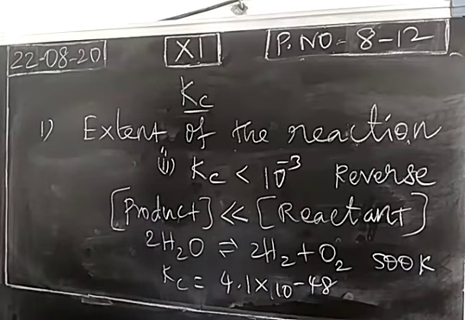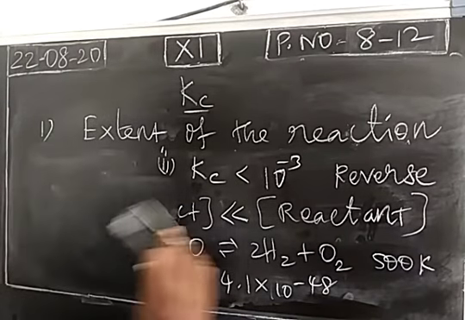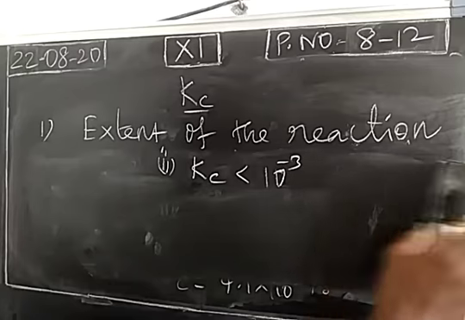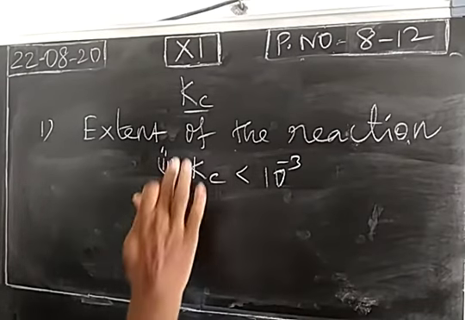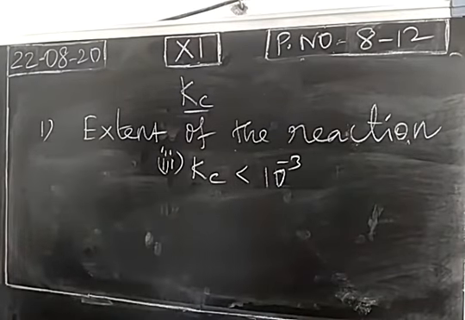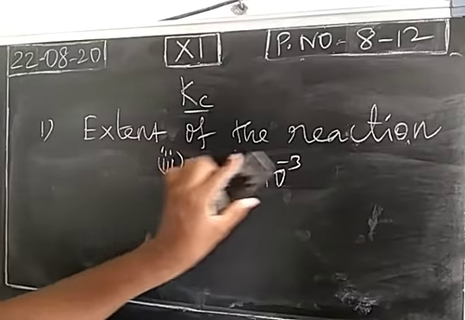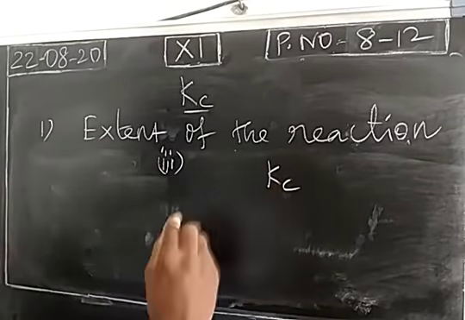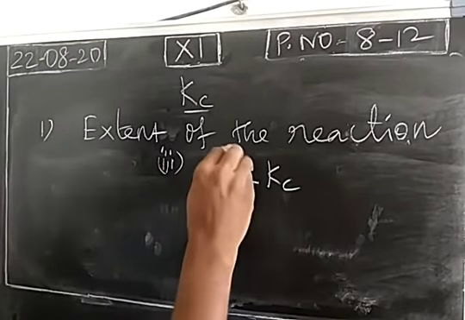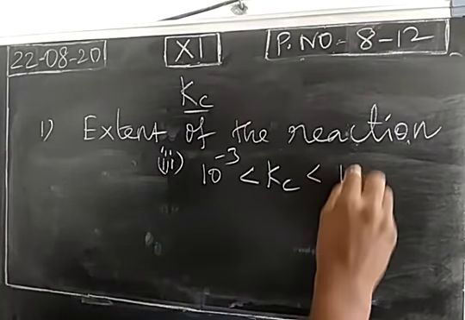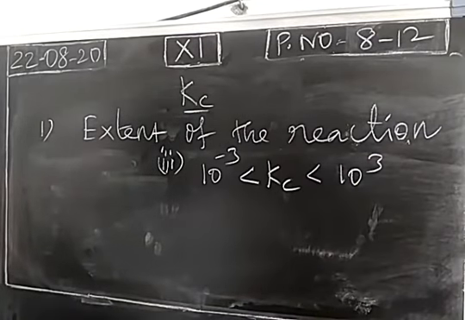One more question. Now, the third case. If the Kc value is greater than 10 power minus 3 and at the same time less than 10 power 3, so here a significant amount of reactant and product will be there.